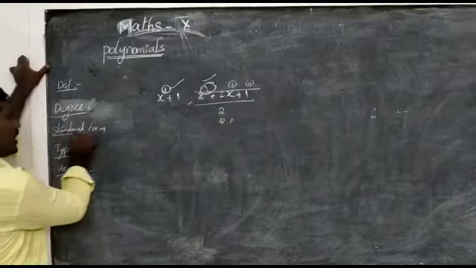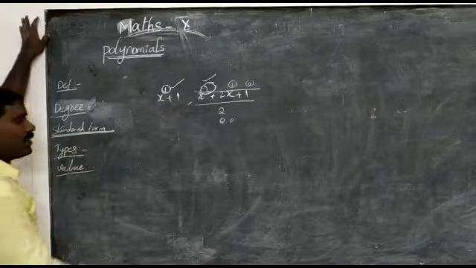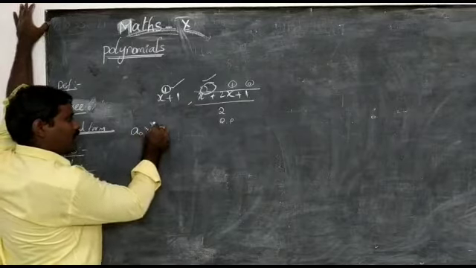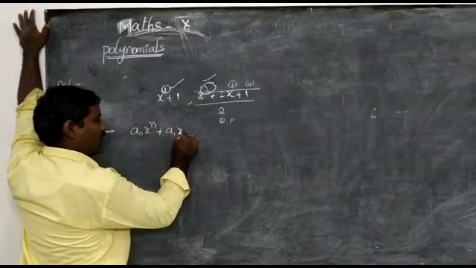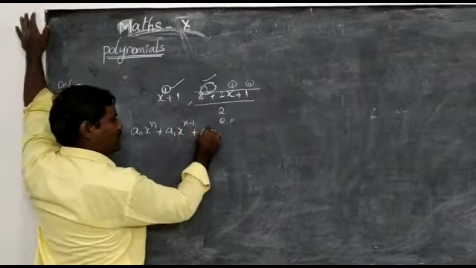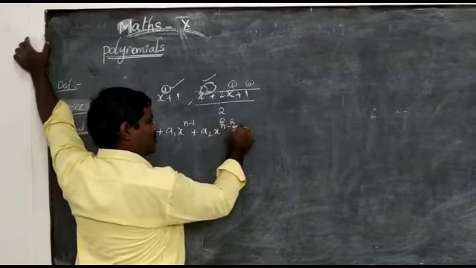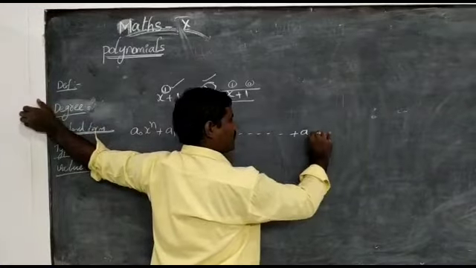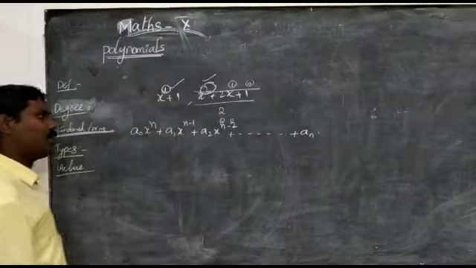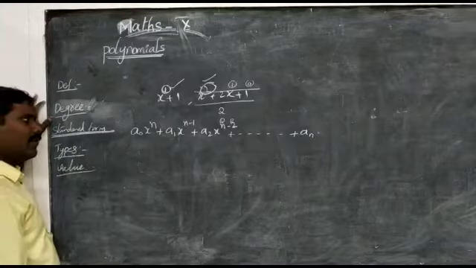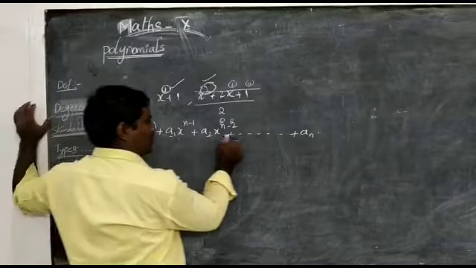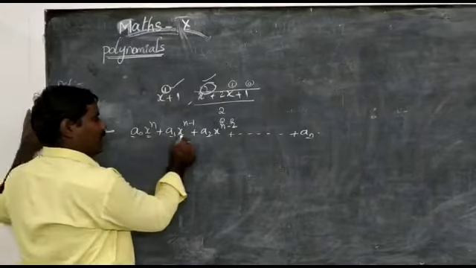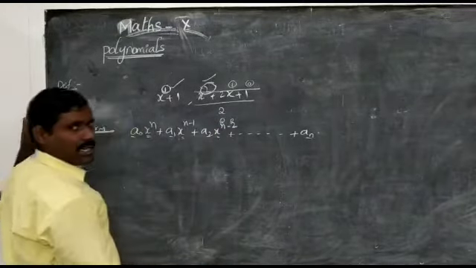Now we are going to the standard form of a polynomial. What is the standard form of a polynomial? a0 x power n plus a1 x power n minus 1 plus a2 x power n minus 2 and so on plus an is called the standard form of a polynomial. a0, a1, a2, a3, up to an are all real numbers, and x is the variable.